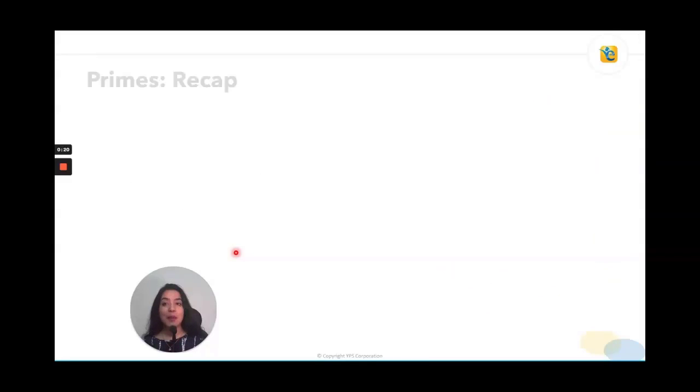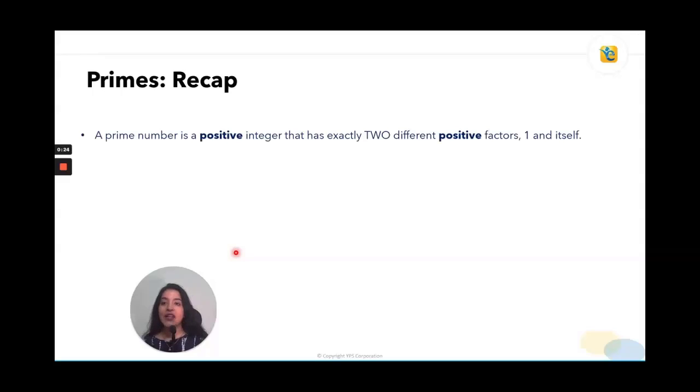Starting with prime numbers, what we have is a small recap of what prime numbers are. Here's the definition. A prime number is a positive integer that has exactly two different positive factors, 1 and itself. Now, every positive integer in the world does have two factors for sure, 1 and itself.